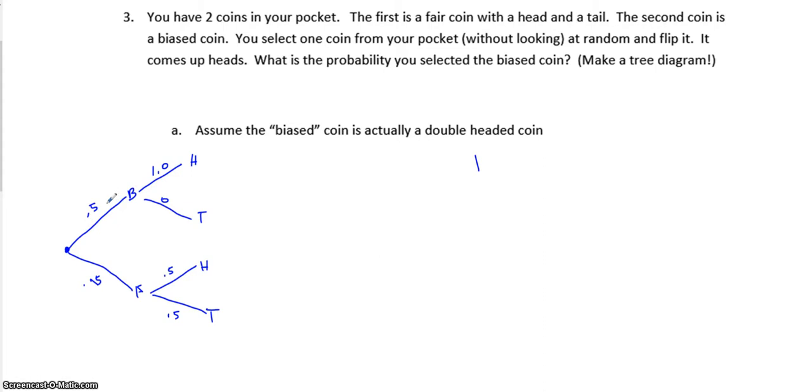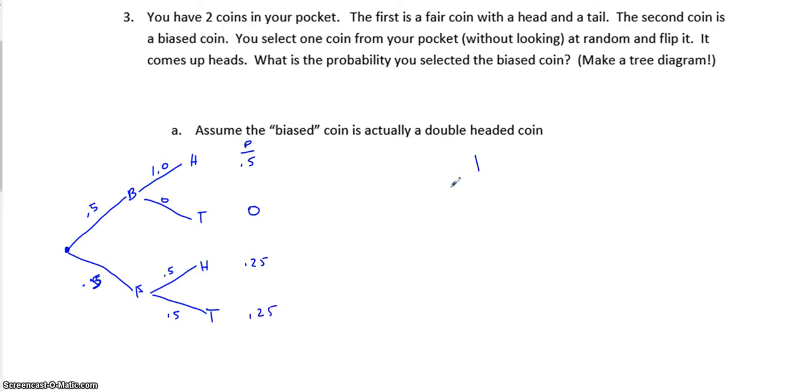Well, I multiply down the branches. 0.5 times 1.0 is just 0.5. The probability that I picked the bias coin and then flipped tails has to be 0, multiplying down. Tails were impossible, so it should feel reasonable that that's 0. And then down this path, 0.5 times 0.5 is 0.25. And then here is 0.25.